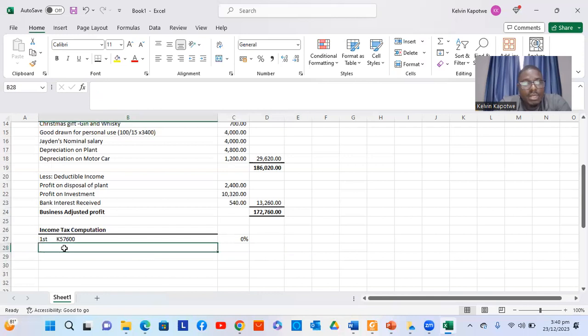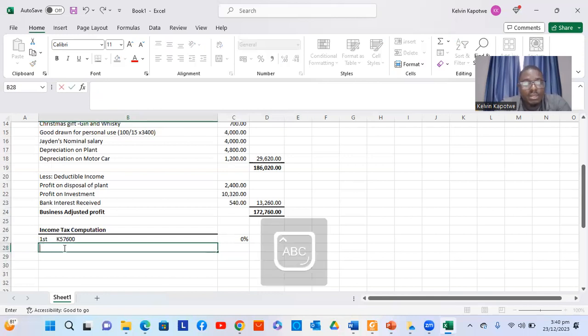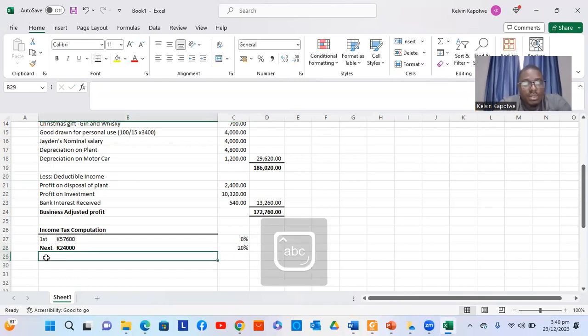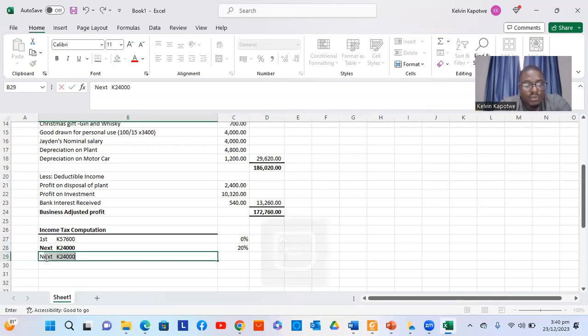All right. Then the next 24,000 is taxed at 20%. Then the third or the next 25,200.